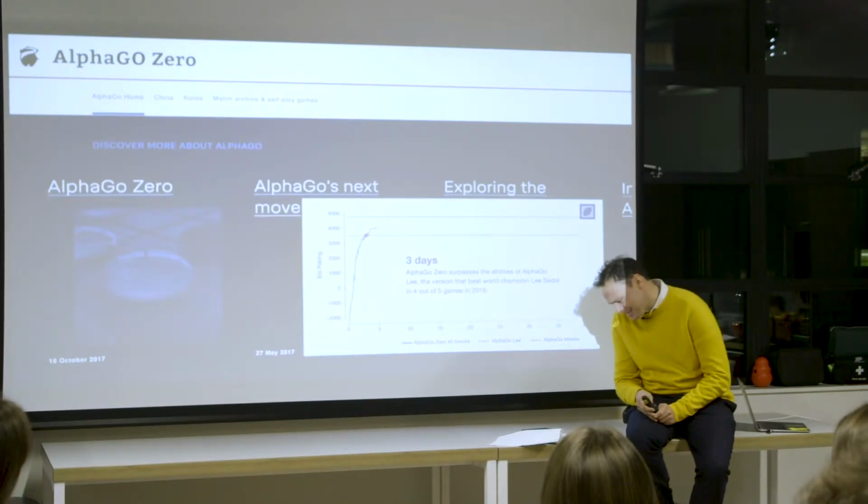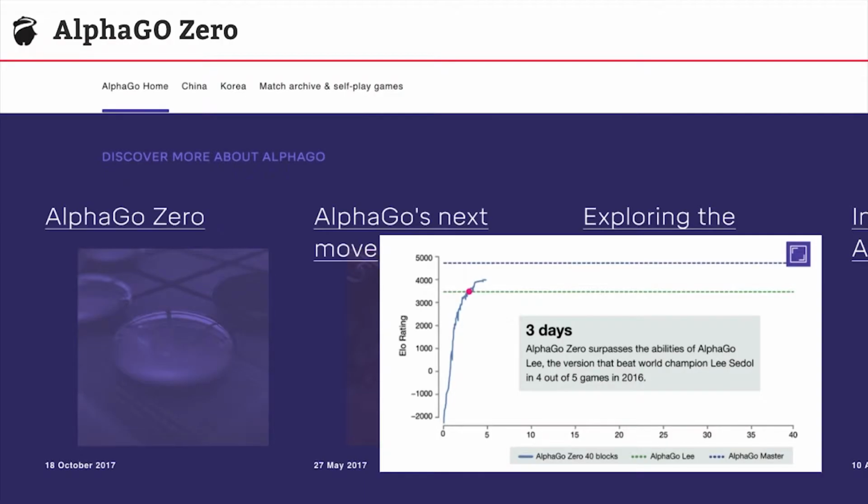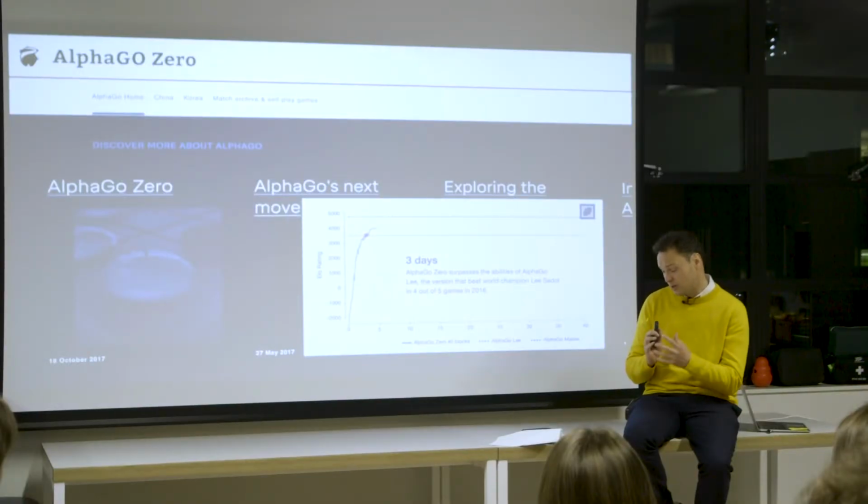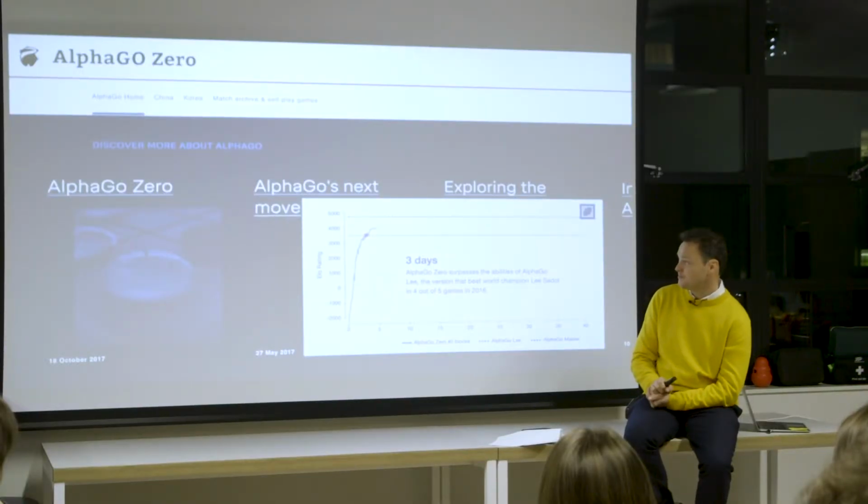It has 10 to the power of 170 possible board positions, so it's very, very complex. And DeepMind has built AlphaGo Zero, and within 3 days, the system has managed to beat the world champions. So within predictable rules, it works really, really well.